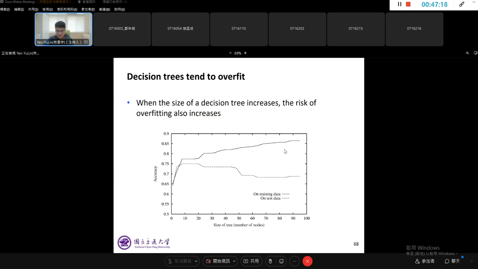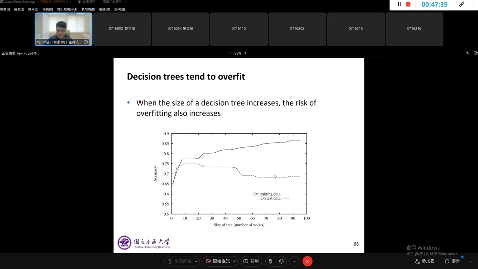In this case, where the performance gap between training and testing is large, we consider the risk of overfitting. The phenomenon of overfitting occurs.